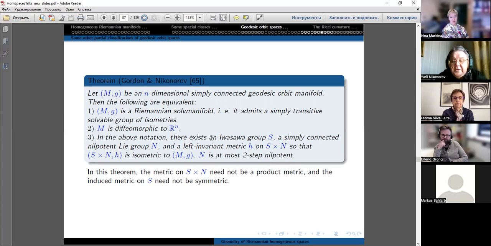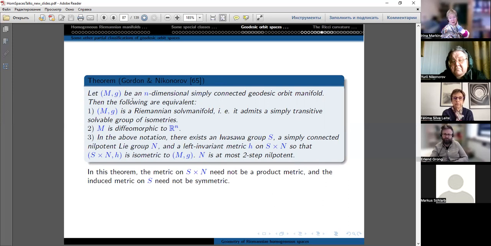And in the above notation, there exists an Iwasawa group S, a simply connected nilpotent Lie group N, and a left invariant metric on the product SN, so that the corresponding Lie group with this metric is isometric to the given space. Moreover, N is at most two-step nilpotent.